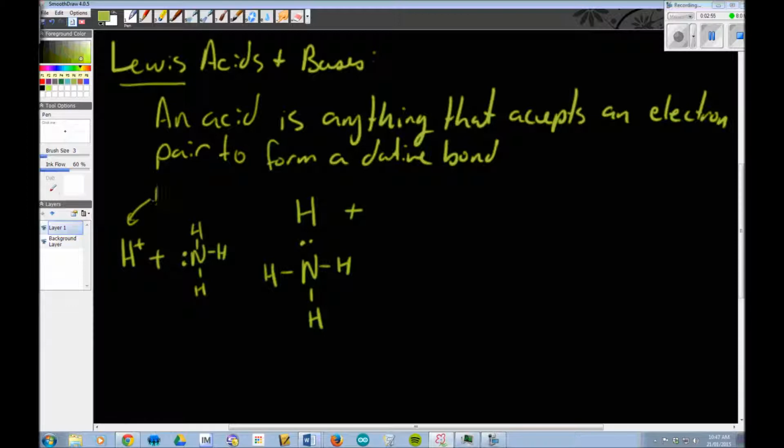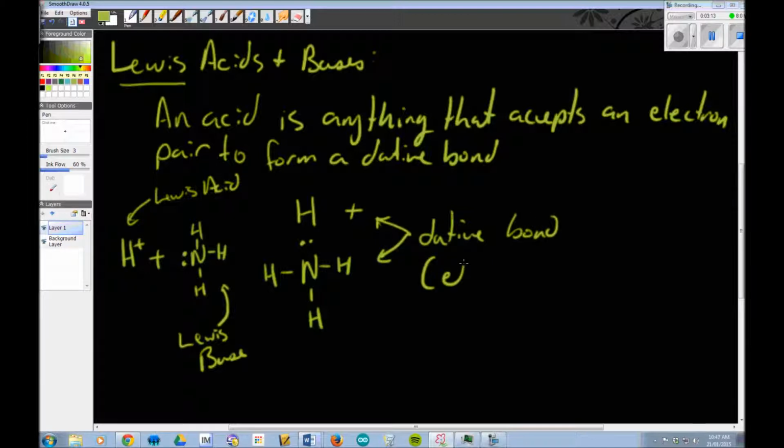Let's just define this. There's a Lewis acid. We'll define Lewis base in notes in just a second. There's a Lewis base. This makes a dative bond, which we'll remember is both electrons come from one species.